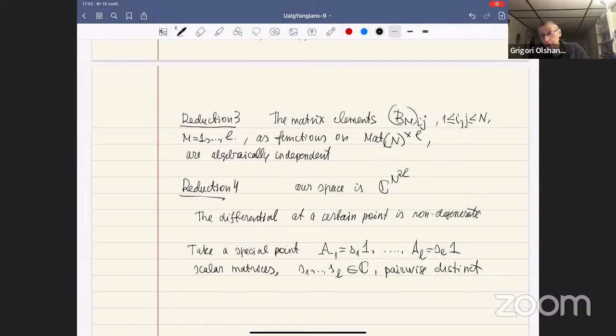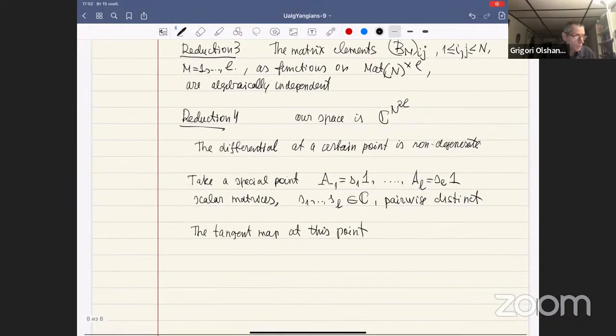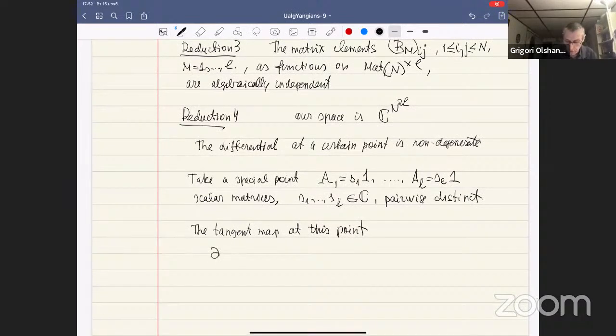And I want to prove that the differential, I want to compute it, is not degenerate. But what is the differential? The tangent map at this point. The Jacobian. We want to compute the Jacobian. So what we need to do, we take one set of coordinates in the image, and our initial coordinates, which correspond to this.